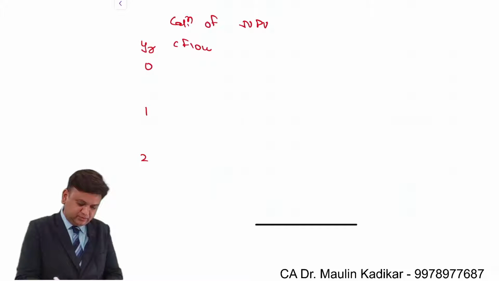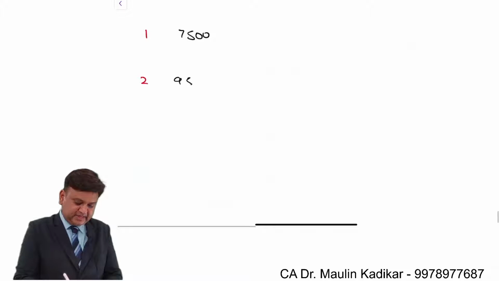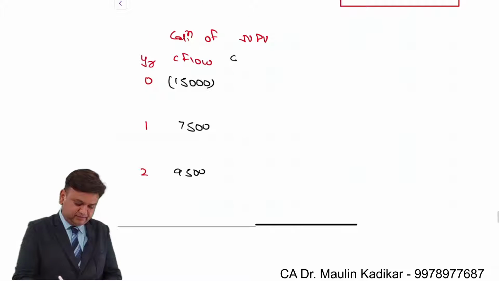This is the cash flow. It is 15,000 East African dollars in year 0, 7,500 at the end of the first year, 9,500 at the end of the second year.